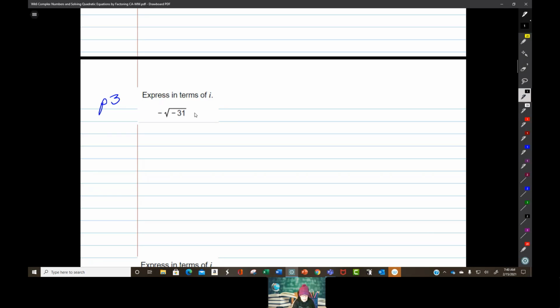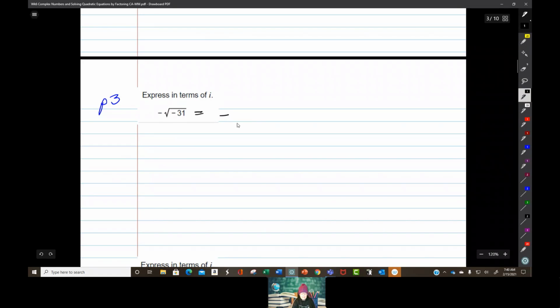Okay. Now this negative is on the outside of the square root sign. You're not going to say negative times negative is positive, because any number outside the radical cannot communicate with a number inside the radical. So this stays separate.